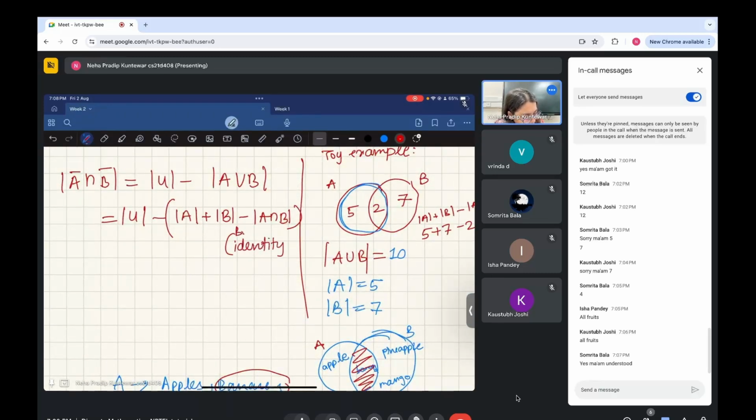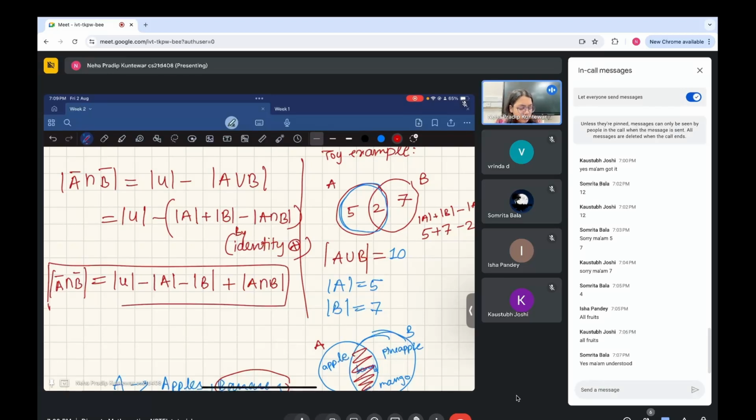So if you just multiply and open the brackets, then you get size of U minus size of A minus cardinality B plus cardinality of A intersection B. So this is precisely what we wanted to prove. So is this making sense, or if there are any questions about this, then please let me know.